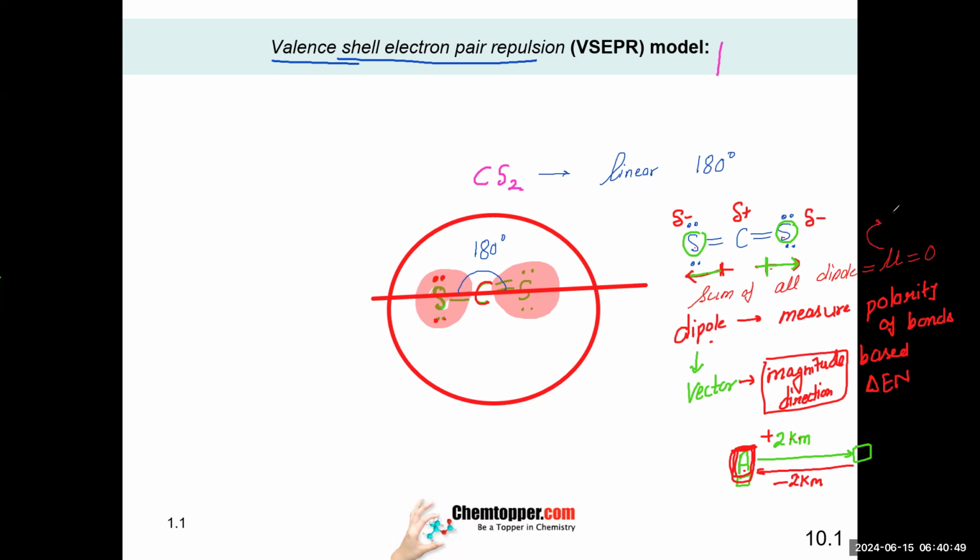This is dipole moment. It means the complete molecule, CS2, as such has no polarity. There's no polarity, and the molecule is non-polar. CS2 is a non-polar molecule.